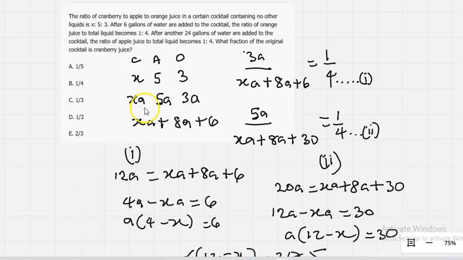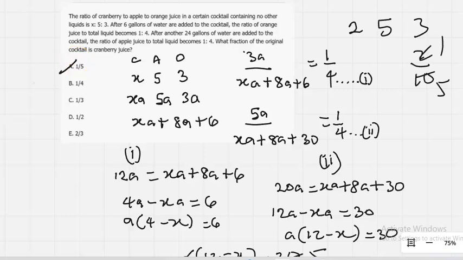We don't need to find the value of A, which is the concept of optionality. So that will be 2 to 5 to 3. The sum of the ratio is 10. X is 2, so that will be 2 over 10. This is 1, this is 5. So the answer is 1 over 5.